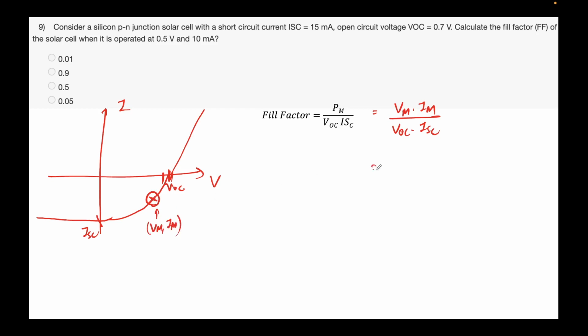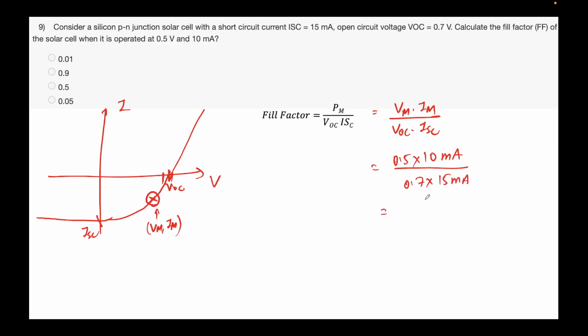Different ways to write this. So VM times IM is given as 0.5 volts times the current that is flowing, 10 milliamps, divided by open circuit voltage 0.7 times the short circuit current 15 milliamps.